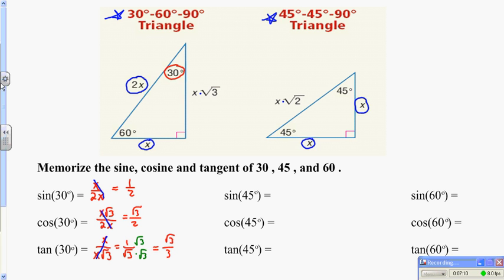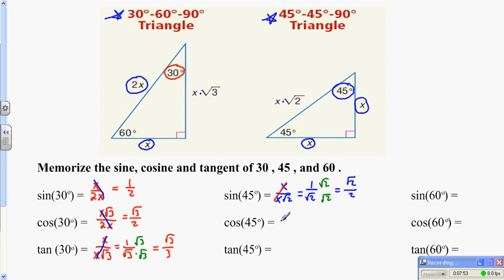Then we go to sine of 45 degrees. It does not matter which one we're looking from, they're going to be the same degrees. So sine of 45 is opposite over hypotenuse. Again, the x's cancel, but as before, we cannot accept a root in the denominator, so we rationalize, and that will give us root 2 over 2.